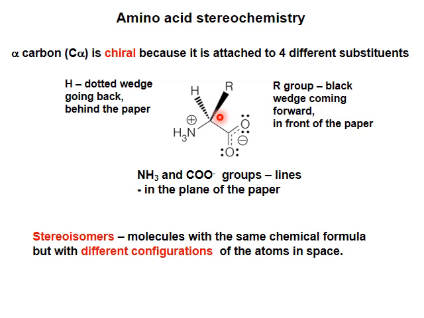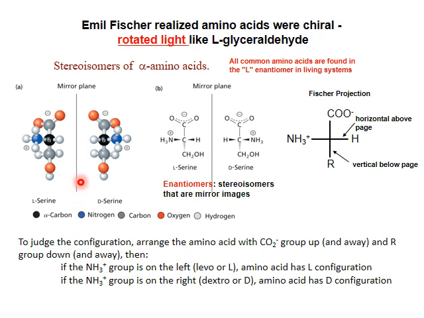And so if we look at the amino acid example of serine, we can see that there is a mirror plane that can go between the two different forms of serine. So it's probably better to look at part B here and look at the diagram where we have the alpha carbon in the center, and we're going to have it situated in such a way that the sigma bonds on the horizontal positions are coming out of the screen.